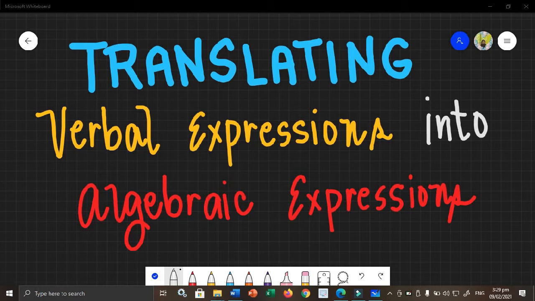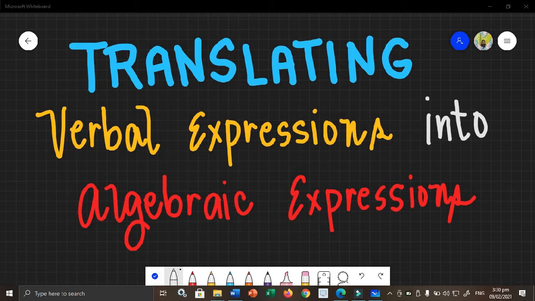So iba yung numerical expression sa algebraic expression. When we say numerical expression, numbers lang yung involved, walang letters or variables. So let's say for example, we have 3 plus 1, or 3 plus 1/2, those are examples of numerical expression.